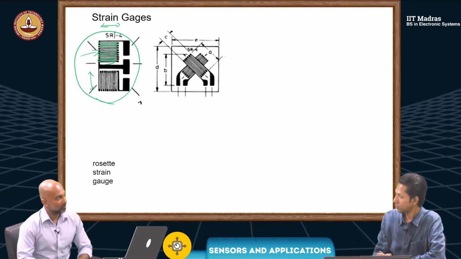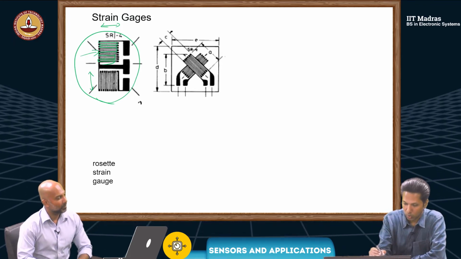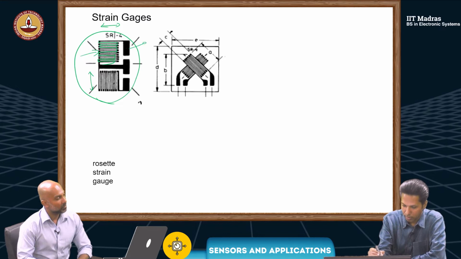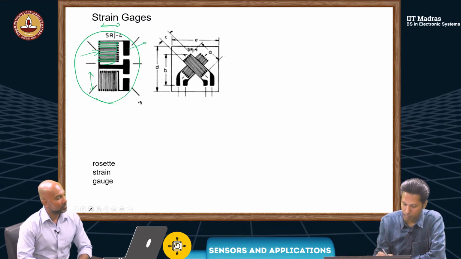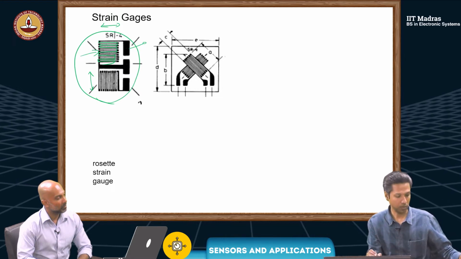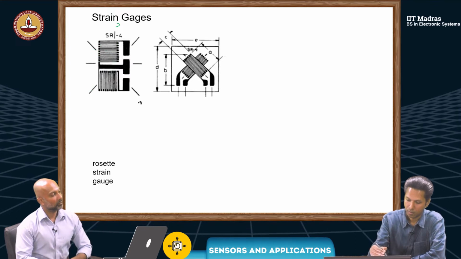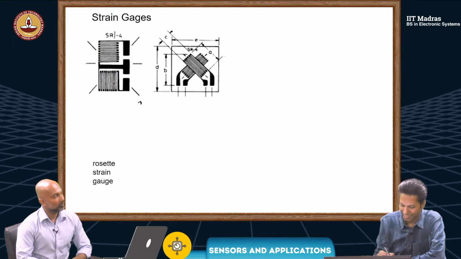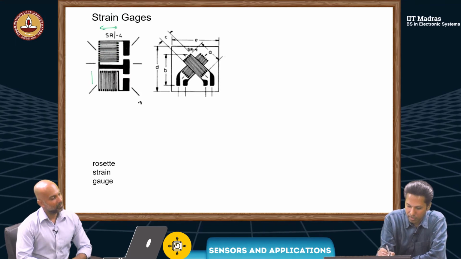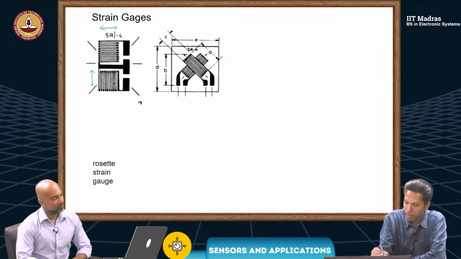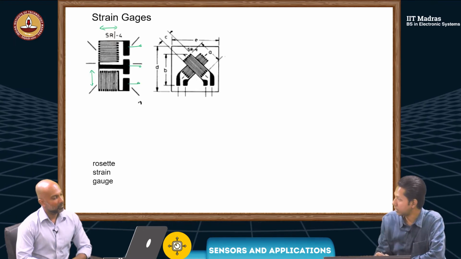But this is just one structure. So I have a contact here. I'll make it clear. This one is sensitive to the X direction. This is sensitive to the Y direction. And we have electrical contacts available at these 3 points.